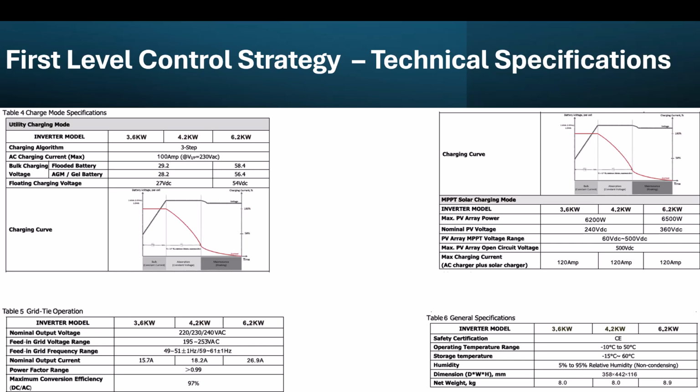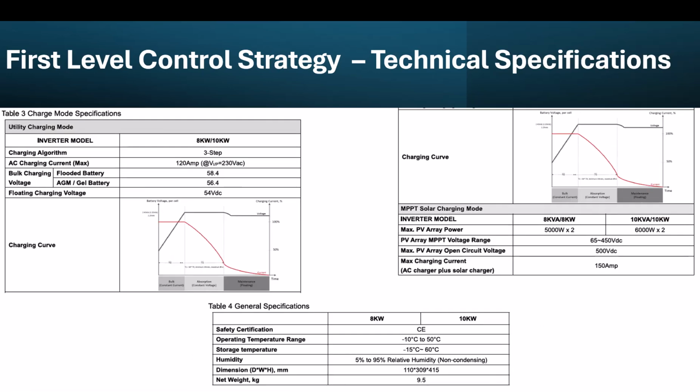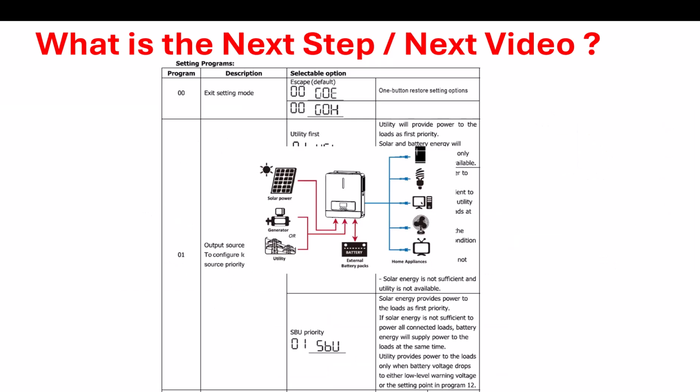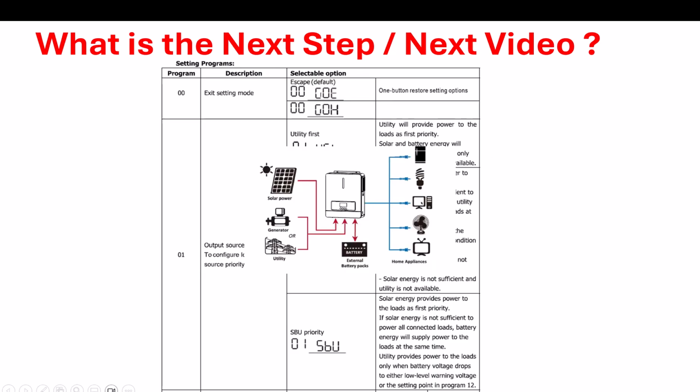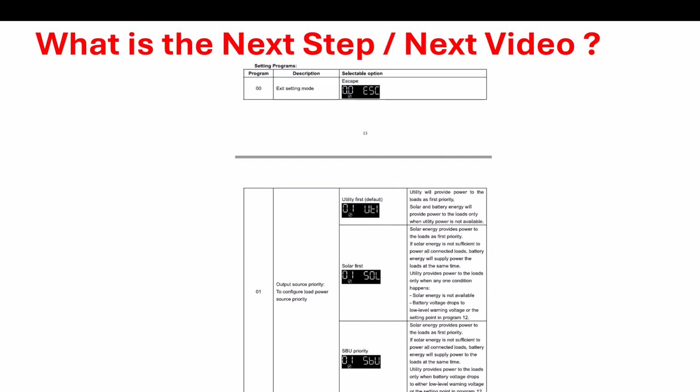So, having talked about the first level control strategy, what is next? What do we look at in the next video? So in the next video, we start to look at the first setting that sets up your control. So, output source priority: what is it that you want to first supply your loads?